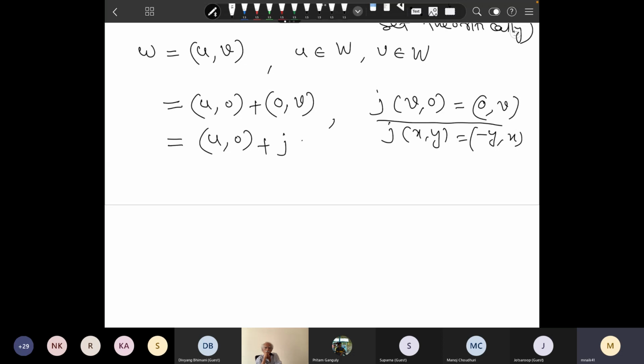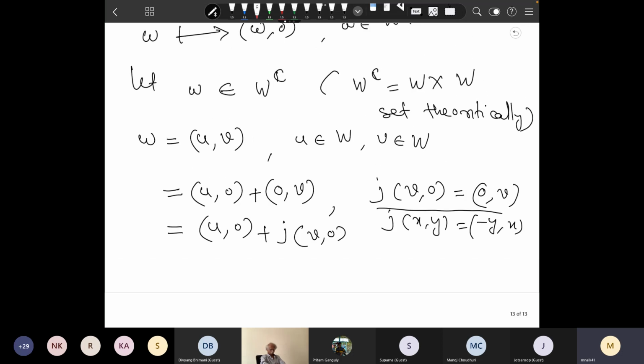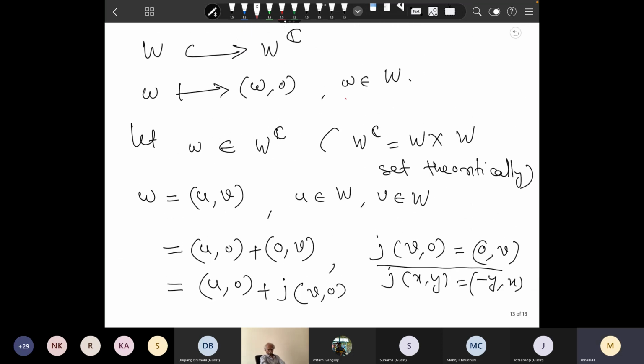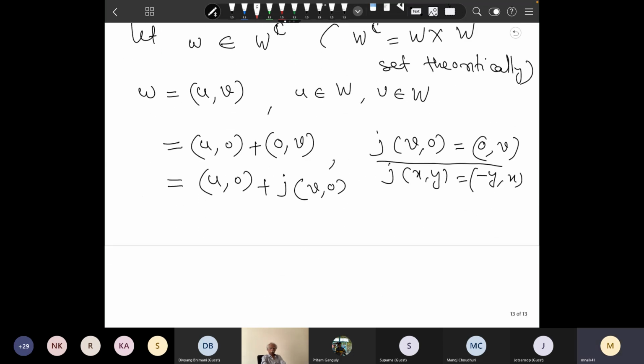With this identification, the action of J is nothing but the scalar multiplication by i. So w is equal to u plus iv. So what am I getting?